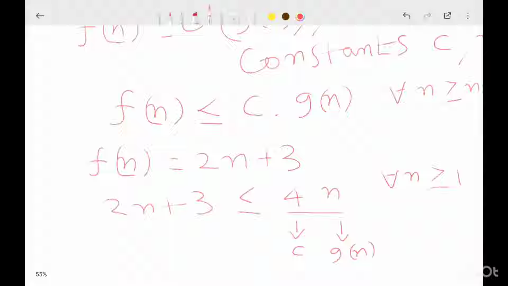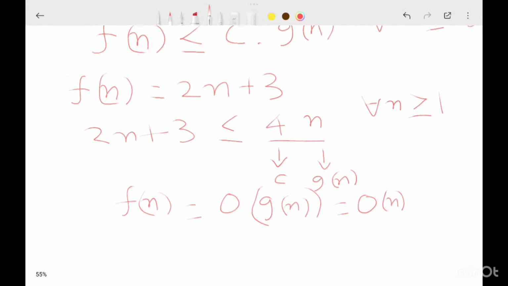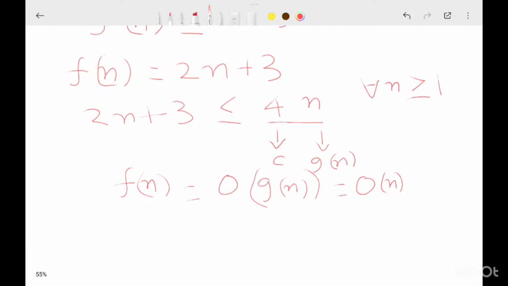Now this f of n can be represented as big O of g of n. That means here g of n is nothing but n, so big O of n. We can also say that 2n plus 3 is less than or equal to 4n squared.